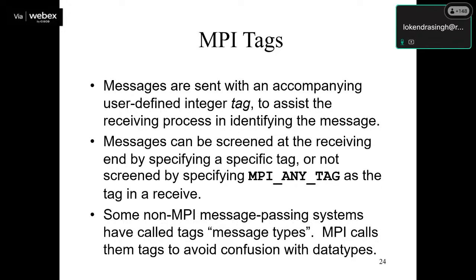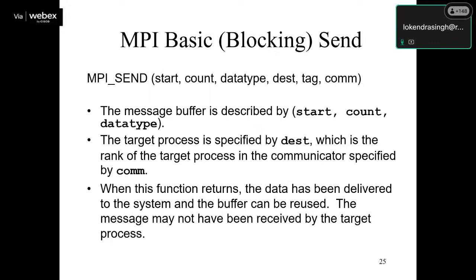Some non-MPI message passing systems call tags message types. MPI calls them tags to avoid confusion with data types. So the main thing about MPI tags is how you can identify the data types without confusion. We use tags to eliminate the confusion among the data types.